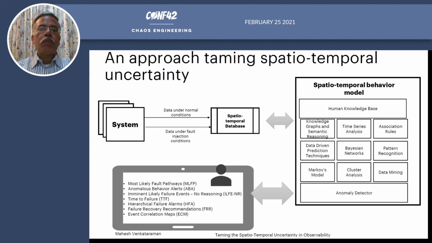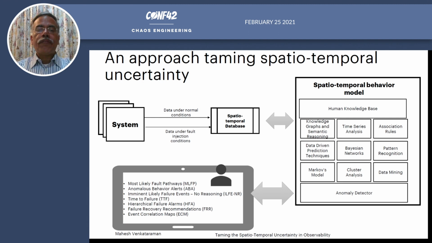The spatio-temporal model consists of multiple techniques using statistical techniques, time series analysis, association rules, data-driven prediction techniques, Bayesian networks, pattern recognition, Markov models, cluster analysis, etc. All this analysis is done in both time and space. In addition, there is also a knowledge graph using discovery of semantic connections, what we call the qualitative reasoning, derived from text outputs like logs, which are very important for some kind of reasoning, and causal chain analysis.